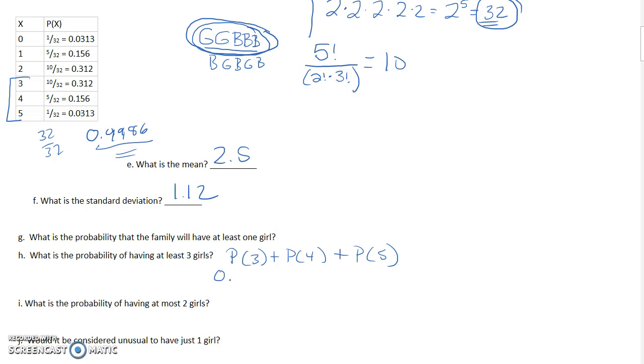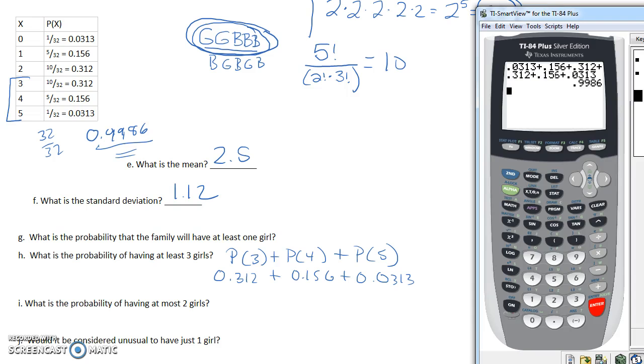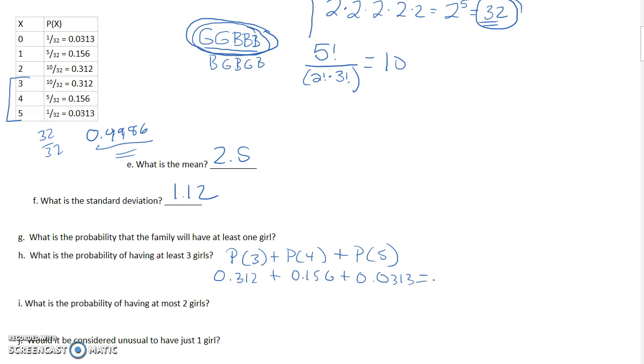So this is going to be 0.312 plus 0.156 plus 0.0313. And when I add those up, I get 0.4993.